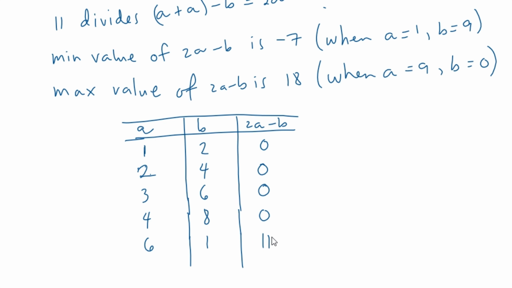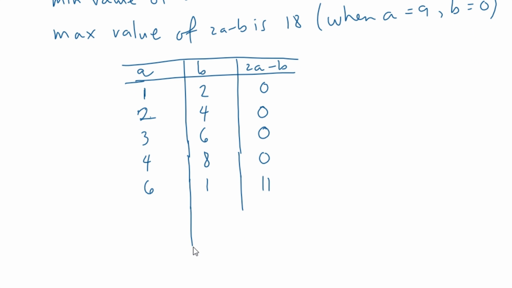Right? So now, can we have A equals 7? If A equals 7, 2A is 14. So B must be 3, so that 2A minus B is 11. Can we have A equals 8? If A equals 8, then 2A is 16.